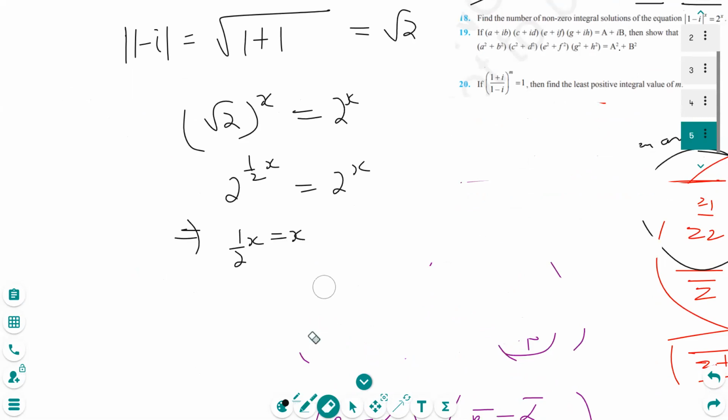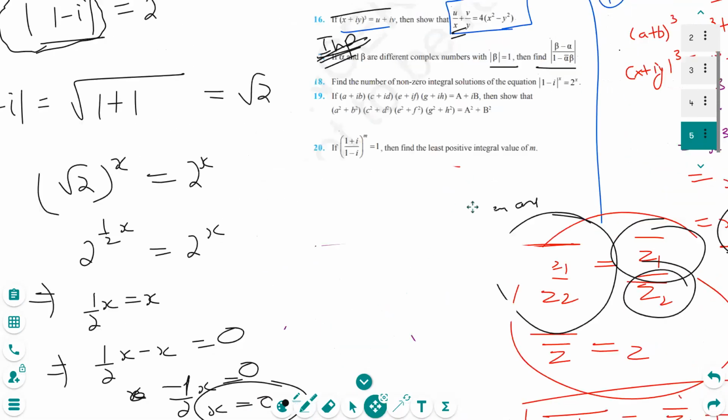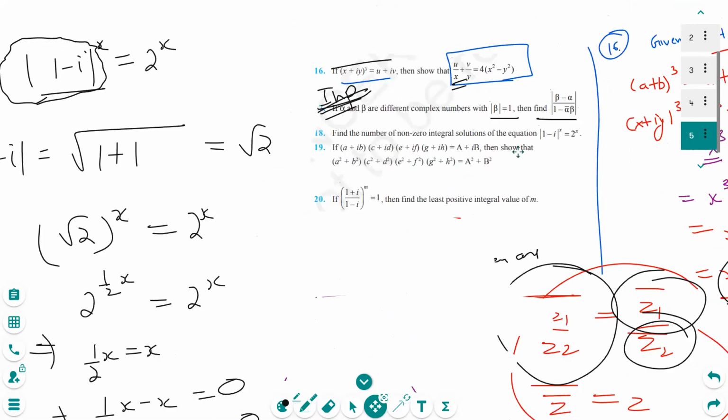And if this is the case, then x is 0 actually, but let me show it how. See, if I just bring x here and take the LCM, minus half x. So this will come out x to be 0, right? So the answer is, it is not asking the value of x actually.